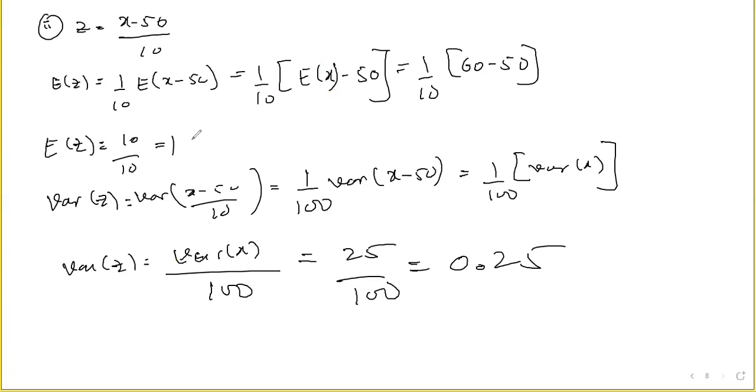Clear? Okay, now we have one more remark here. Depending upon that remark, we are going to solve the next example. Suppose I define a new variable y equal to ax, where a is any constant.